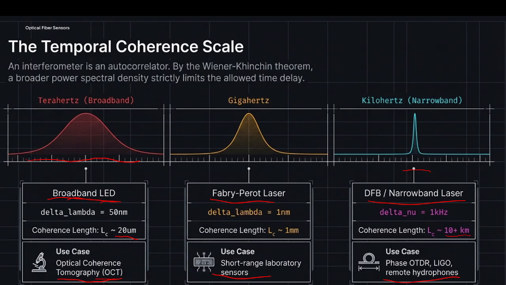If you want a few coherence lengths and a full width half maximum of a few nanometers, then the Fabry-Perot cavity is best, for short range laboratory sensors. And if you want to go for kilometers, then you need a laser with high temporal coherence, which is a narrowband laser, DFB, distributed feedback lasers.